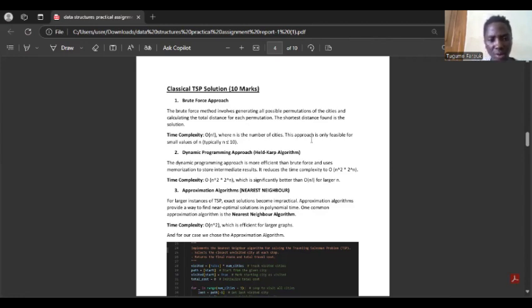Moving forward, we have the dynamic programming approach. This approach is more efficient than brute force and uses memoization to store intermediate results.